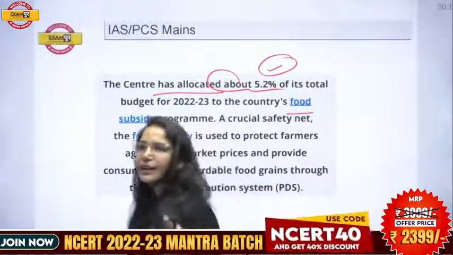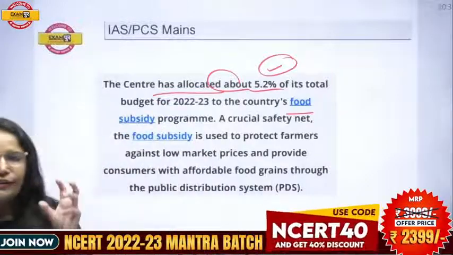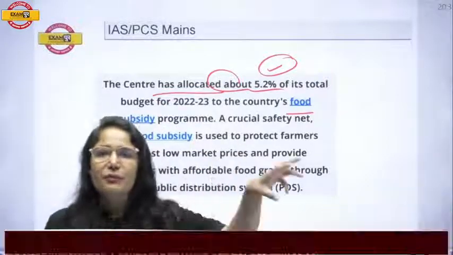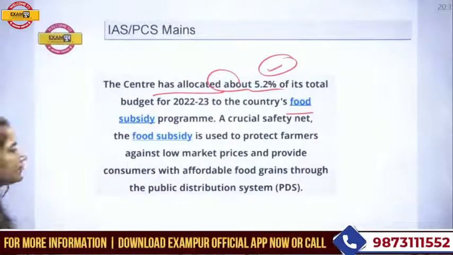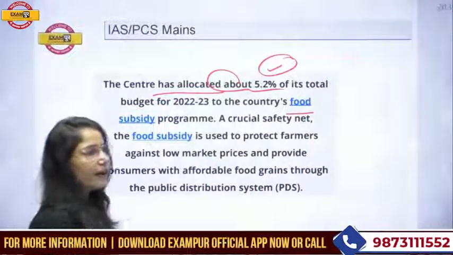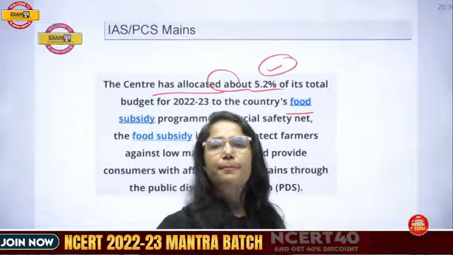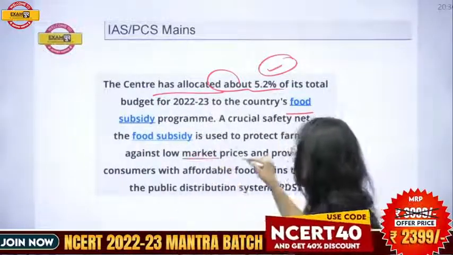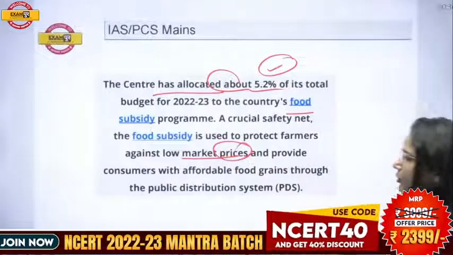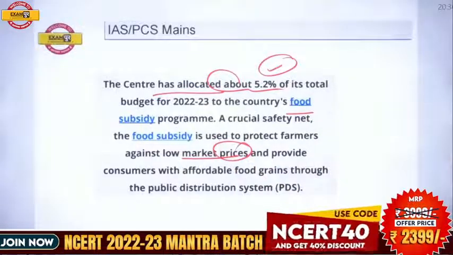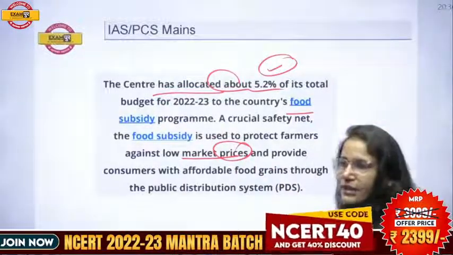That 5.2% is only for the food subsidy program, meaning we are giving protection over the prices available to the farmers. Farmers' prices, MSPs, and protection against low market prices are also part of the same.